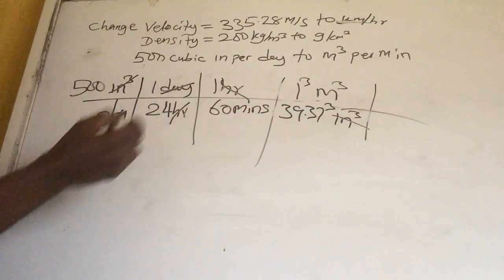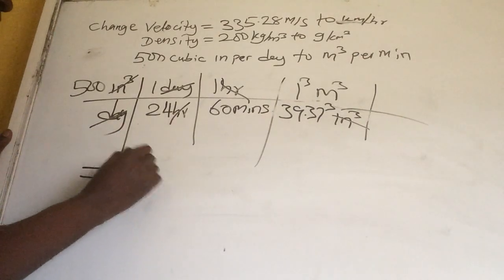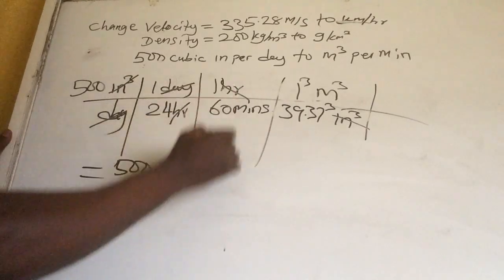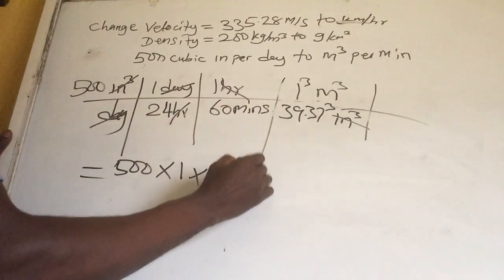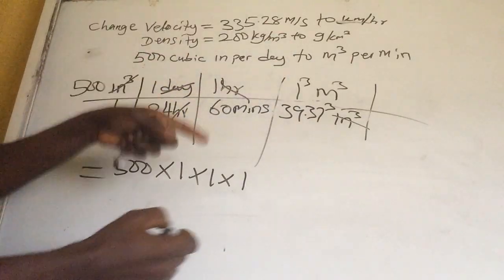Now let us get the final answer by multiplying. You now have 500 times 1 times 1 times 1 again, because this cube is 1 times 1 times 1, which is 1.